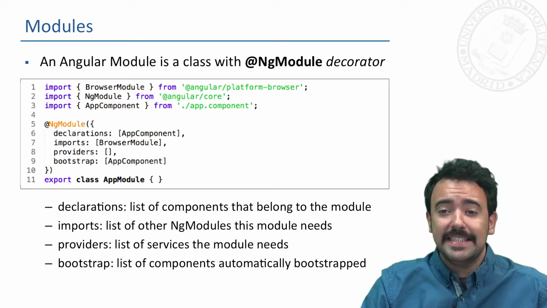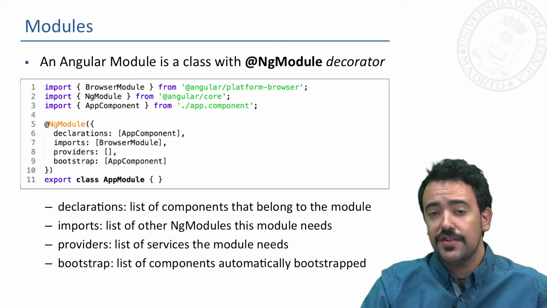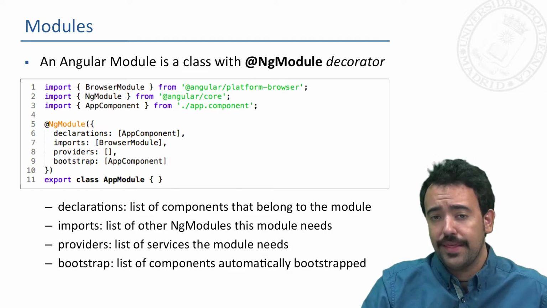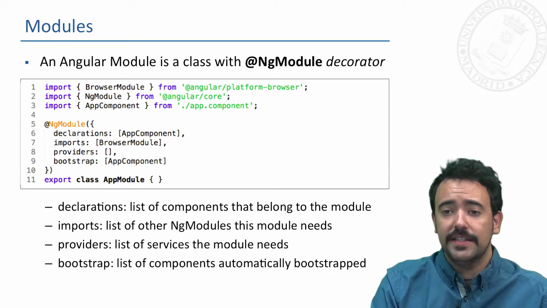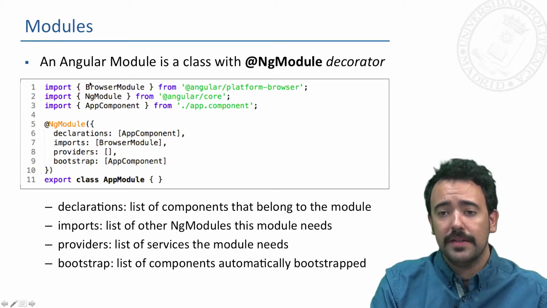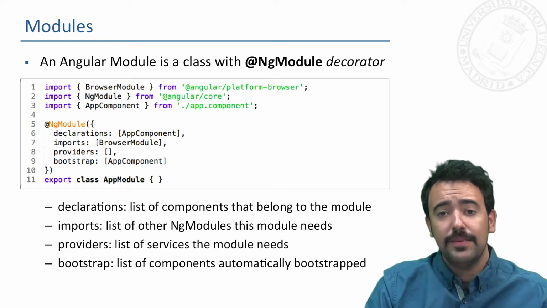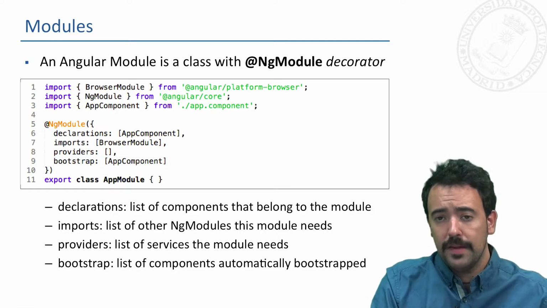An Angular module is just a class with the NgModule decorator in which you have to configure several things for the module. As you can see in this example, you have several parameters: declarations, imports, providers, and bootstrap. Declarations is a set of components that belong to the specific module.